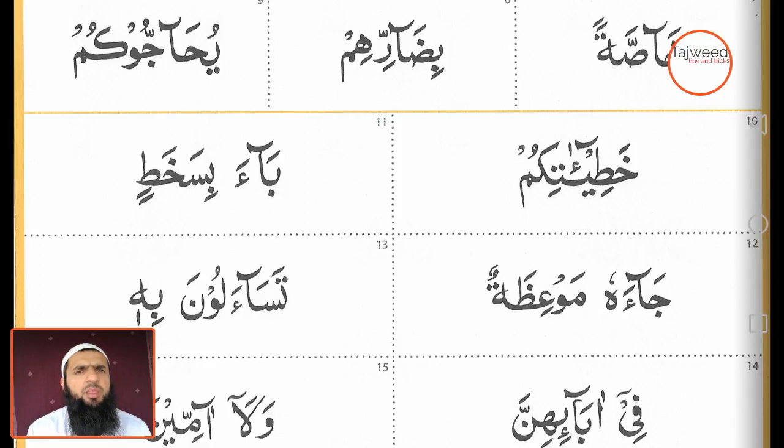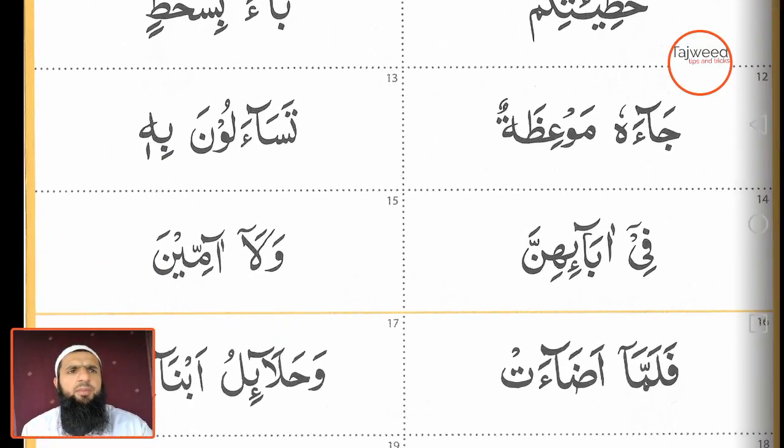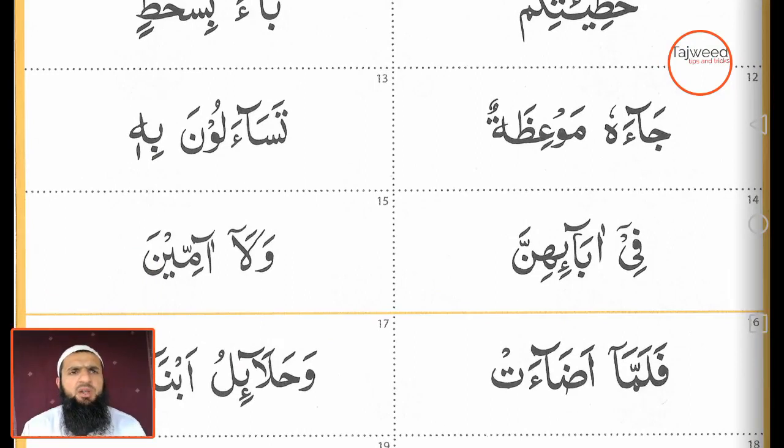Next one. Ba'a bi sakhatin. Box number 12. Ja'ahu maw'idhatun. And then we're on to 13.